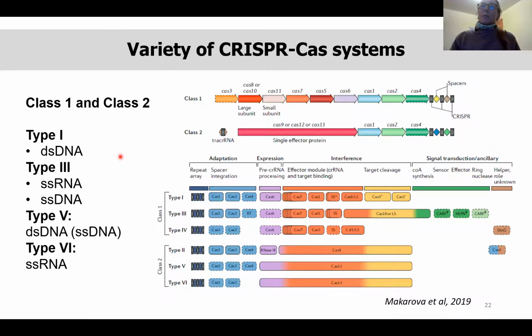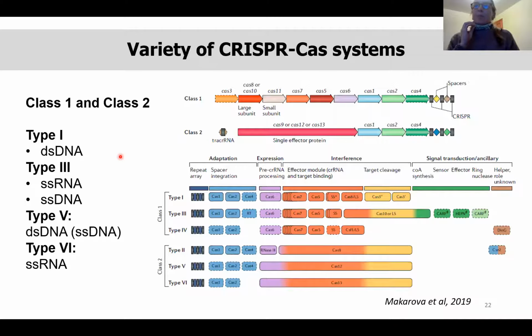And after that, a variety of CRISPR-Cas systems have been discovered. Cas9 is maybe the most known protein, but there are many, many other examples of CRISPR-Cas systems that work through different mechanisms, on different targets, and can be used in different applications.